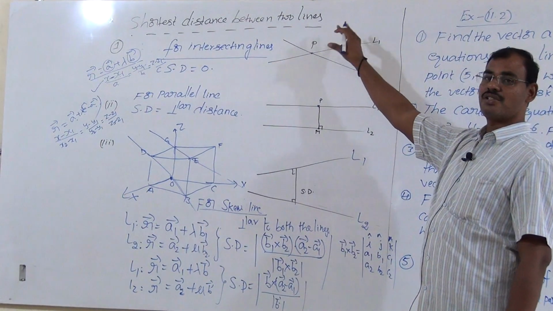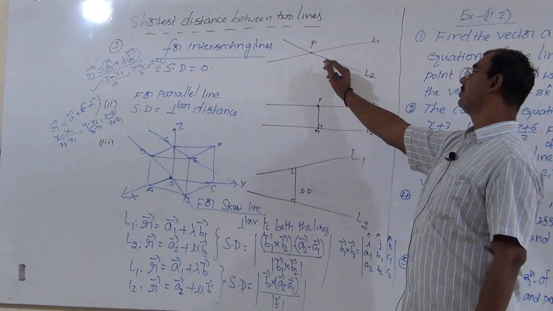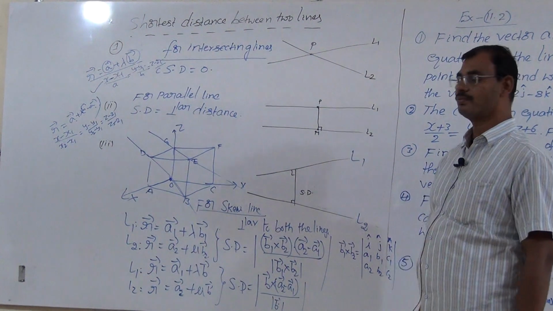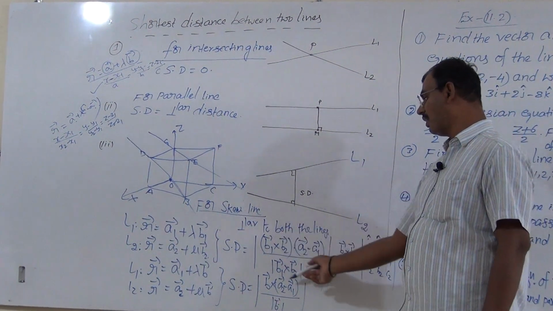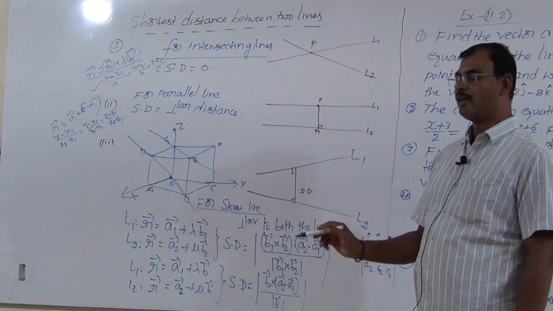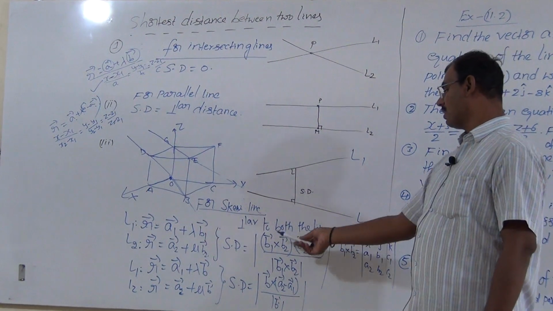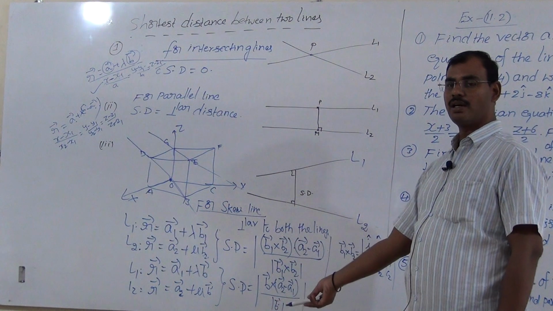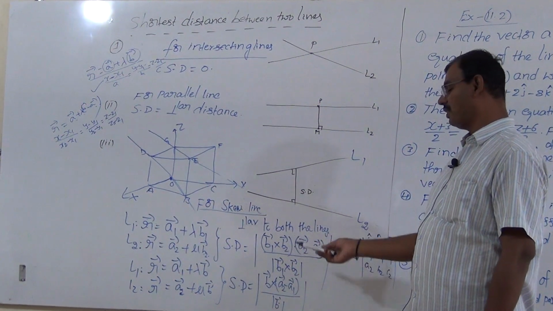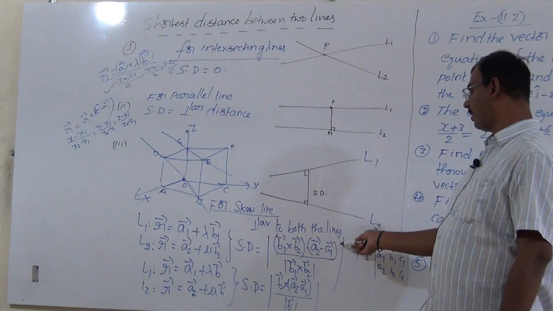Next here, the shortest distance between two lines. For intersecting lines, the shortest distance will be 0. For skew lines, this is the formula. If given in Cartesian form also, we convert it into vector form, very easy to solve. So the shortest distance is equal to, all of you remember, magnitude of b1 bar cross b2 bar dot product a2 bar minus a1 bar.